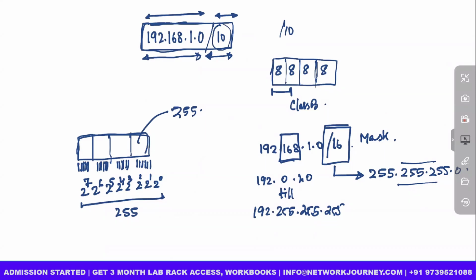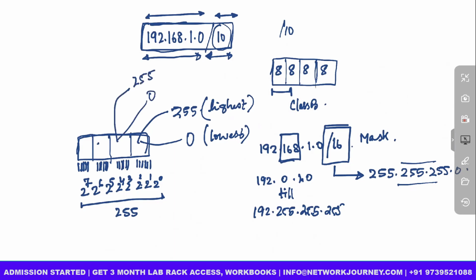The lowest that's possible is 0 here. I can say that the lowest that is possible is 0, and the highest that it can go is till 255. Same process over here: 0 and 255, 255 and 0, 255 and 0.